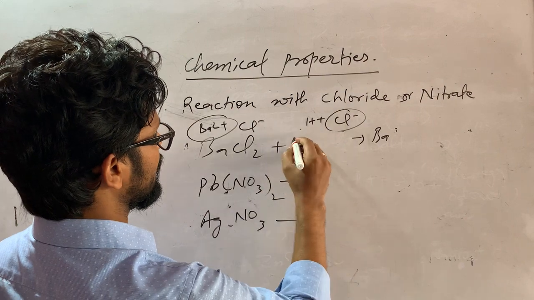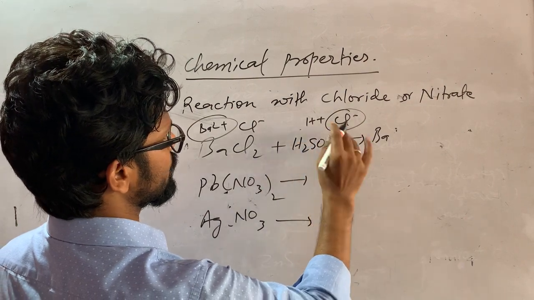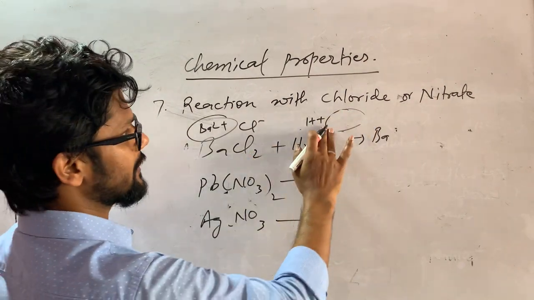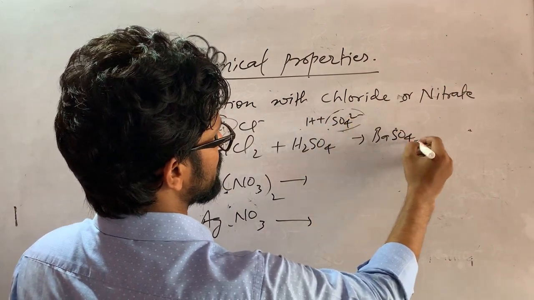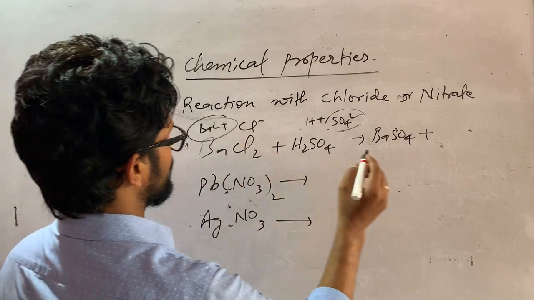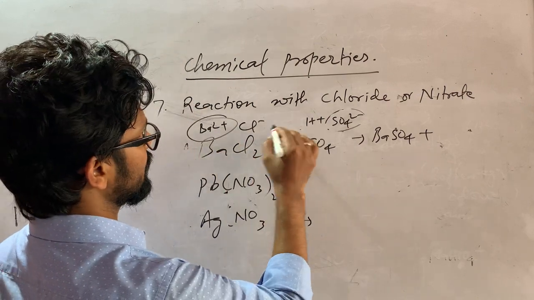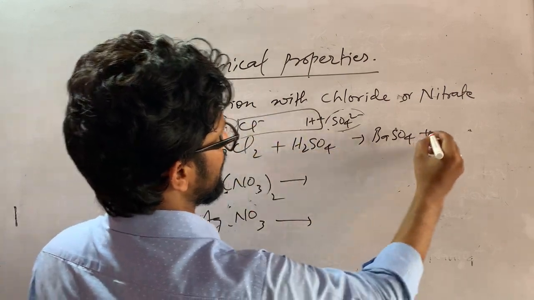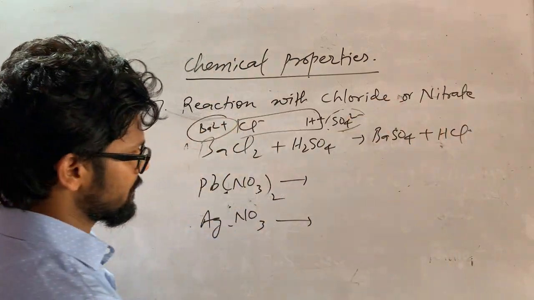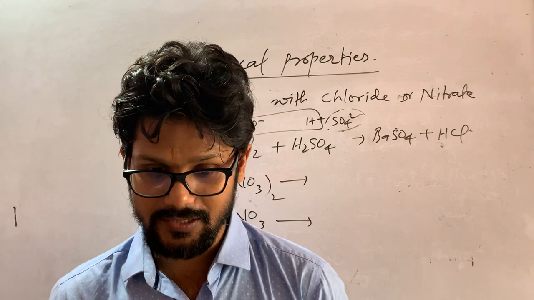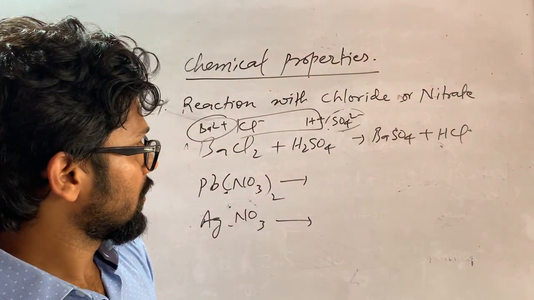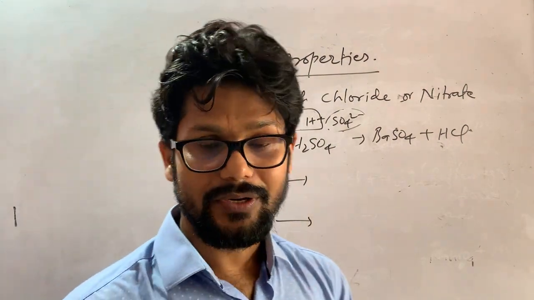Here you take H2SO4, because chlorides will not react, it will be SO4 2 minus, so it will give BaSO4 and it will give HCl. Okay, similarly the next reaction you can practice. So here we discussed all kinds of reactions.